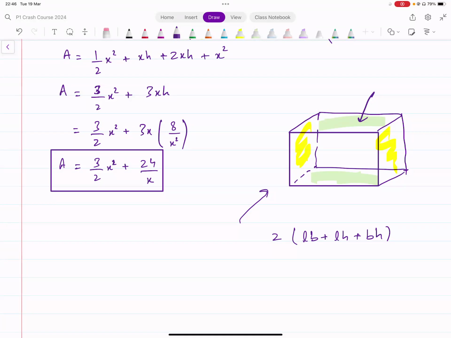So to find the surface area, the best way is just find the area of each of the faces that you have, and then add them up together. Similarly, in 2D figures, if you want to find the perimeter, do not use any standard formulas. Just find the length of each side and then add them up together.